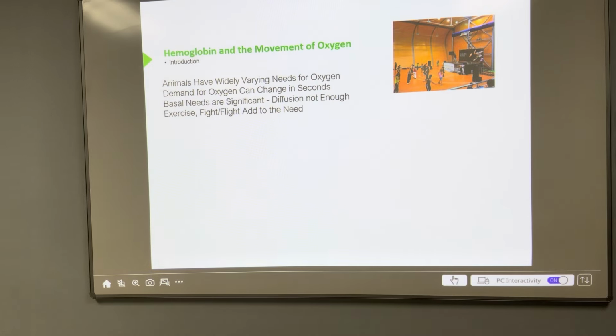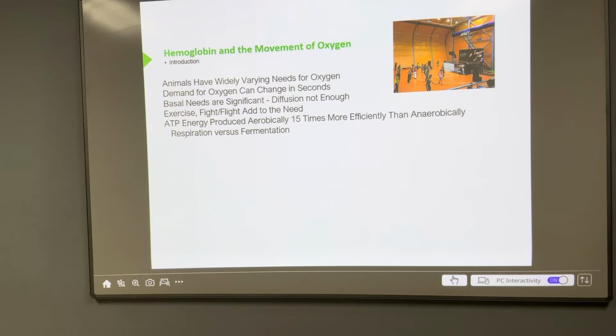It's more efficient because we need it for exercise. We need it for survival if you're being chased by a bulldog, fight or flight. ATP energy is produced aerobically 15 times more efficiently than anaerobically, and it depends on the availability of oxygen. If your muscle tissues have a lot of oxygen, they will go through aerobic respiration. If there is no oxygen, you're going to do anaerobic respiration, an alternative pathway.